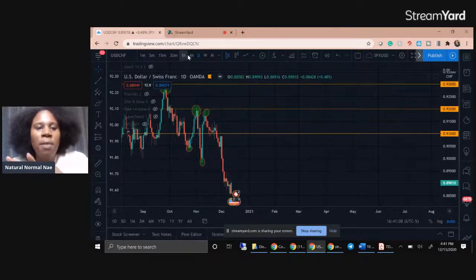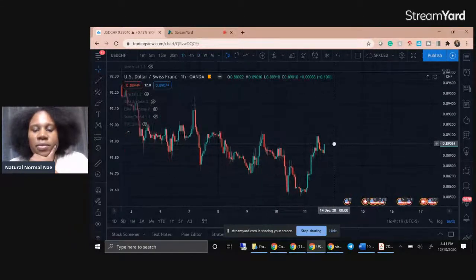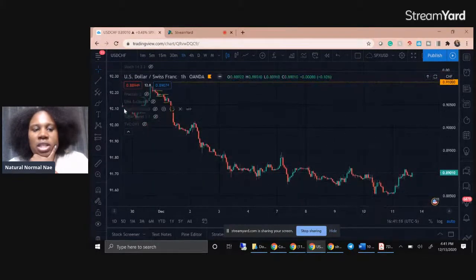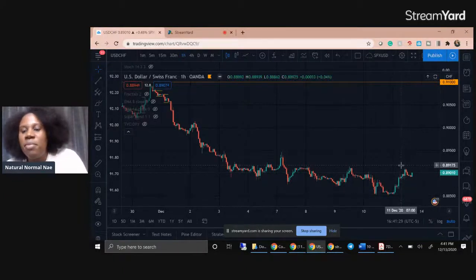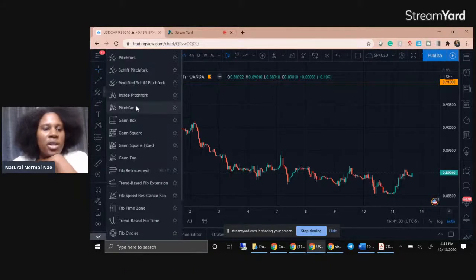But also, before I decide to mark up anything extra, I'm going to zoom into the 1 hour. Okay, so on the 1 hour, this is still confirming the downtrend, but again, like I just said, it still has some imbalance on the daily that has to fill, and it looks like it's going back up.